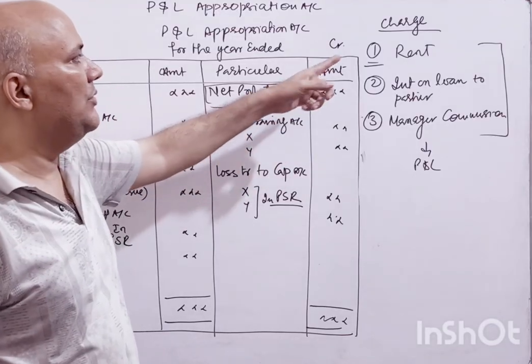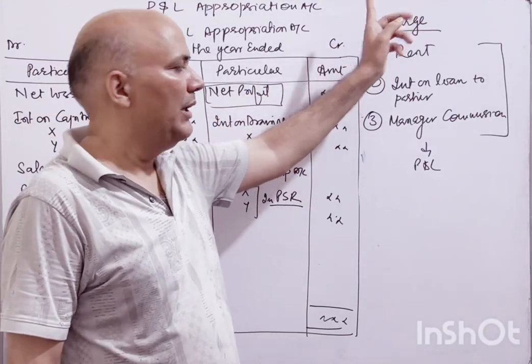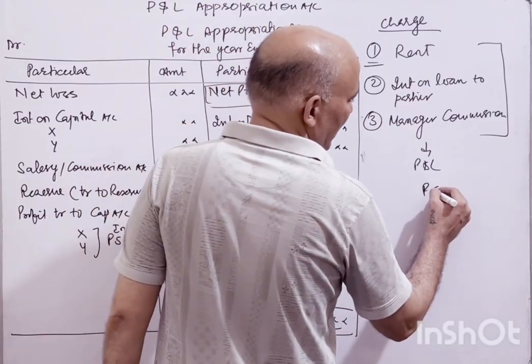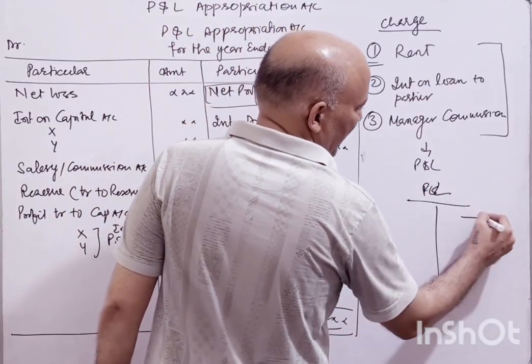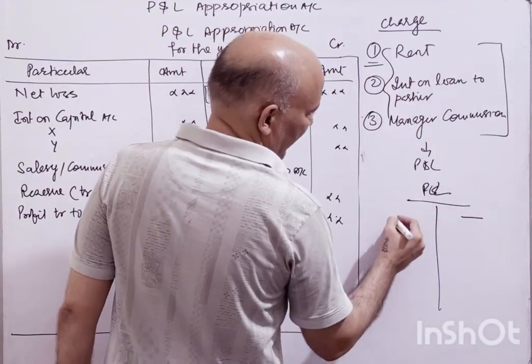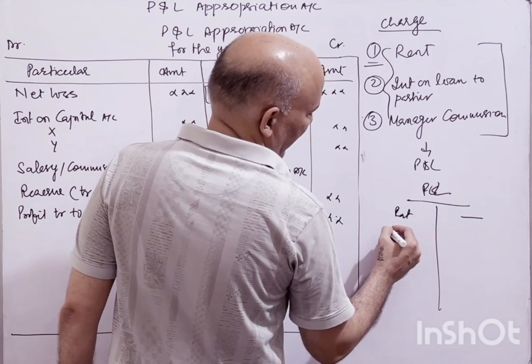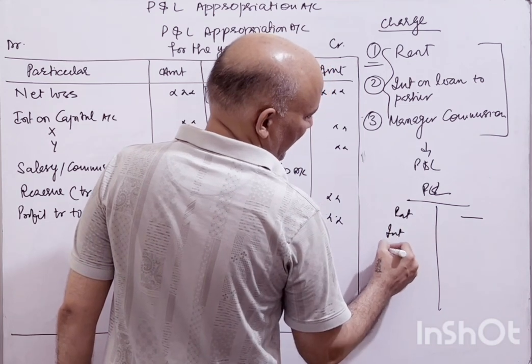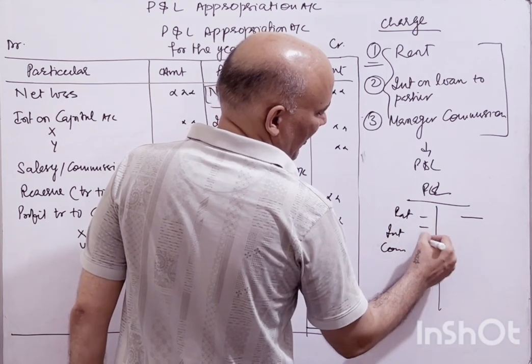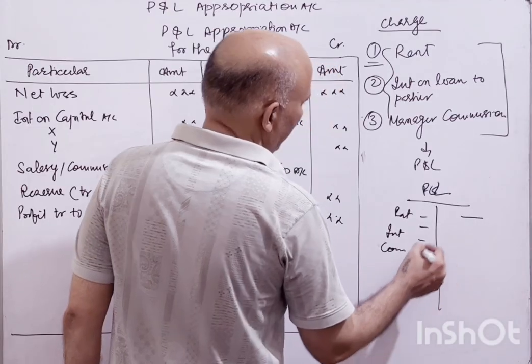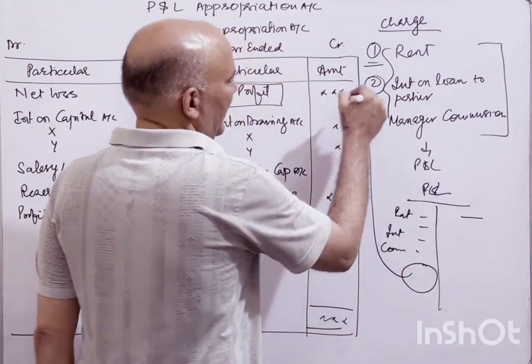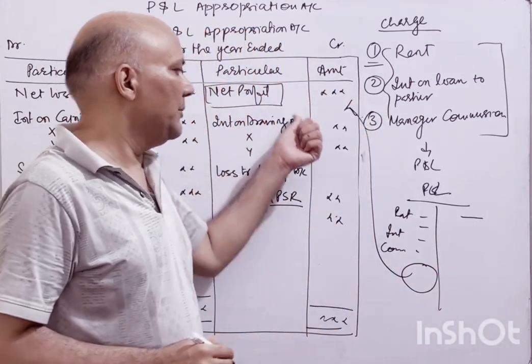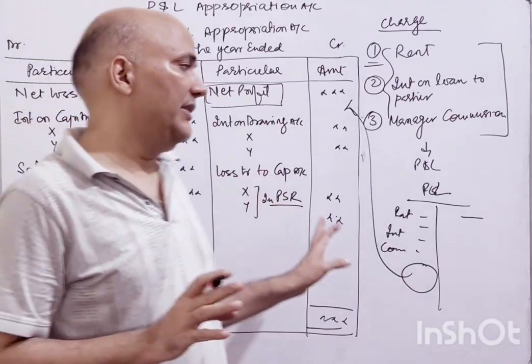Or what you can do is, you can prepare the profit and loss account like this, and you can put the net profit and these three items over here: rent, then interest, then commission of manager, and whatever the net profit comes in, you can transfer it here. ठीक है? Or you can deduct from this if that is not deducted already.